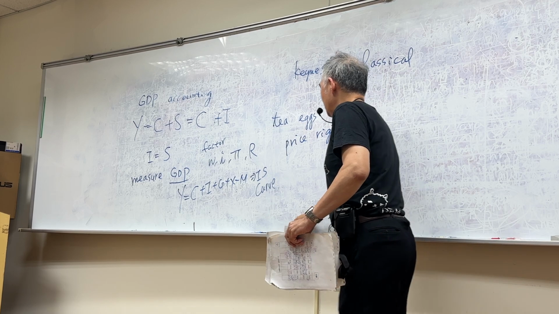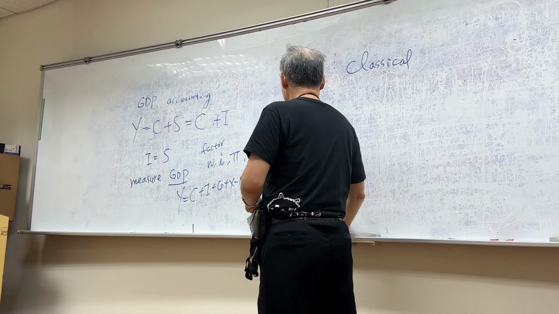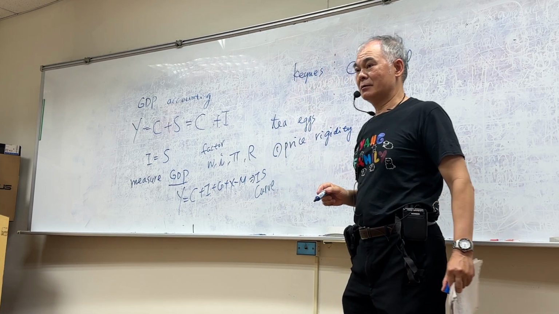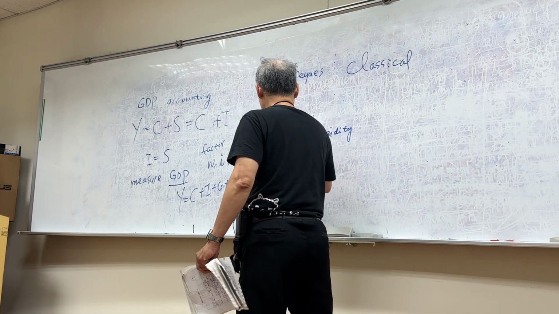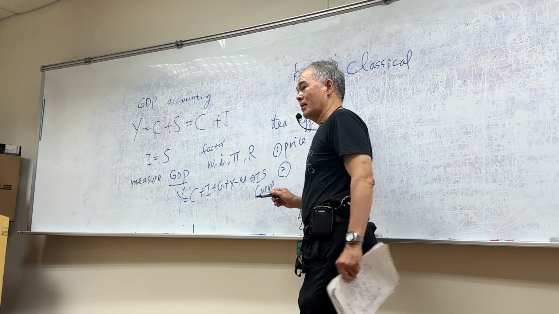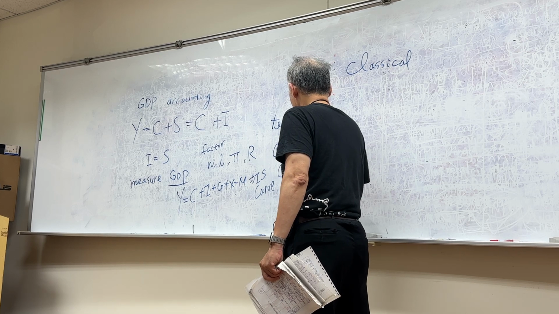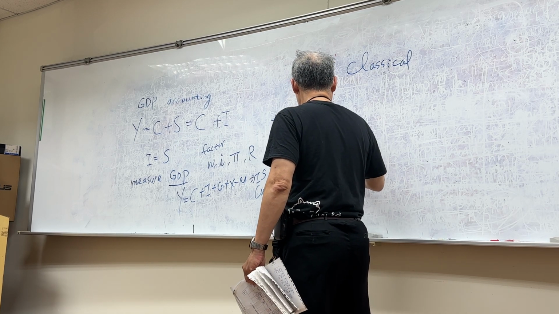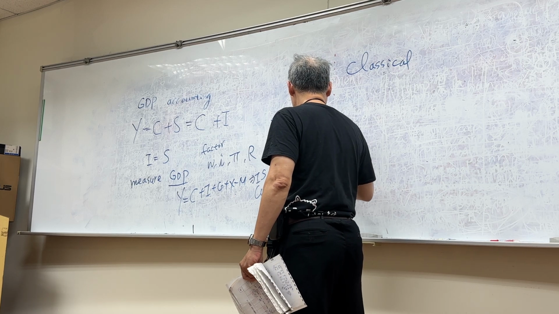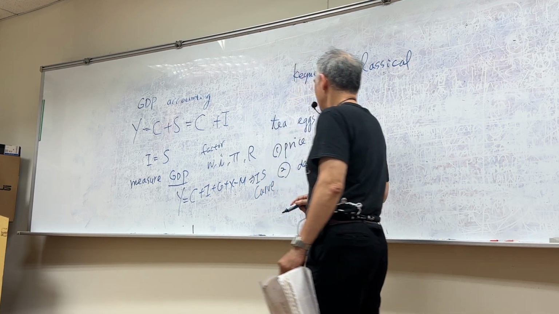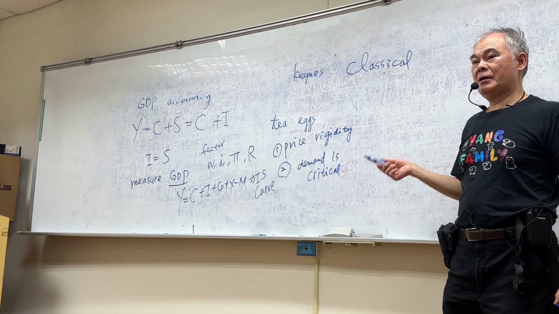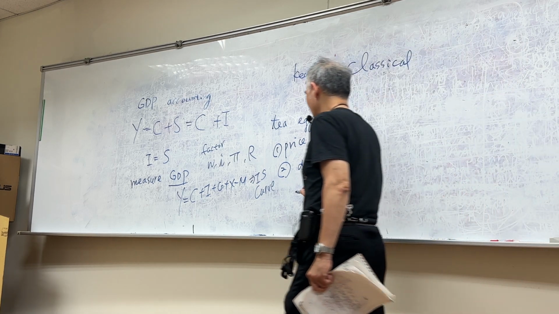So, in his opinion, first of all, there is price rigidity in the market. Secondly, what matters is demand. So demand is critical, okay? And so the fundamental part of the Keynesian model is the consumption function.